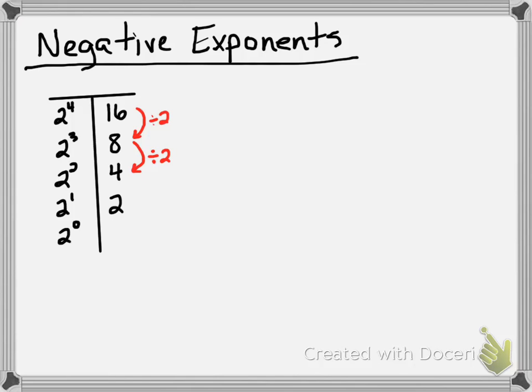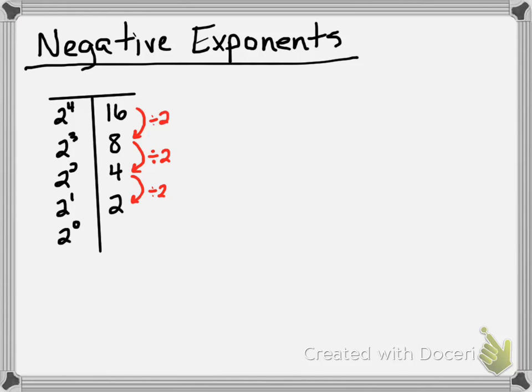Now, if you remember why that happens, it's because exponents are repeated multiplication. So as you increase the exponent, you're multiplying. But the reverse is also true: as you decrease the exponent, you're actually dividing, because the thing that gets rid of multiplication is division.